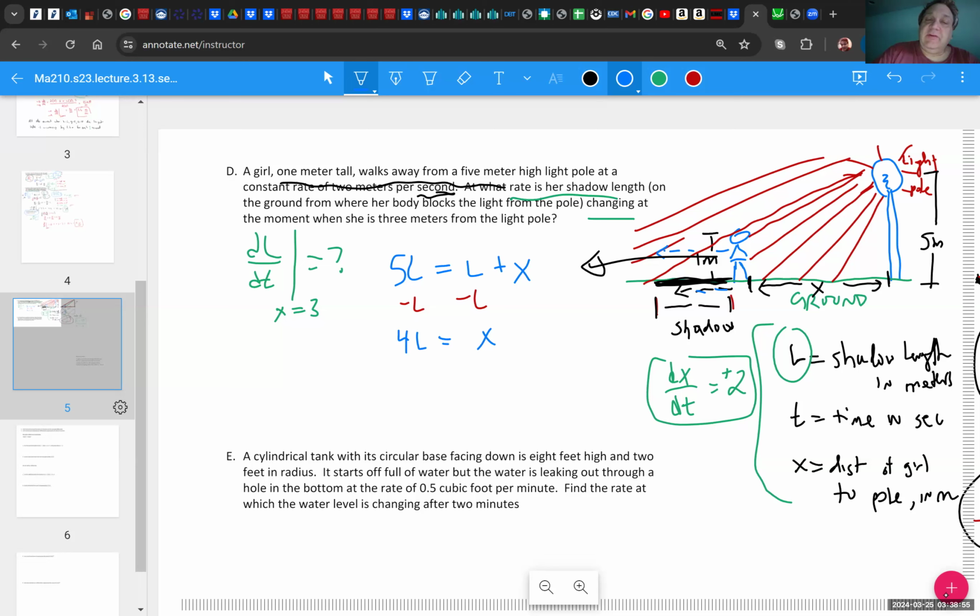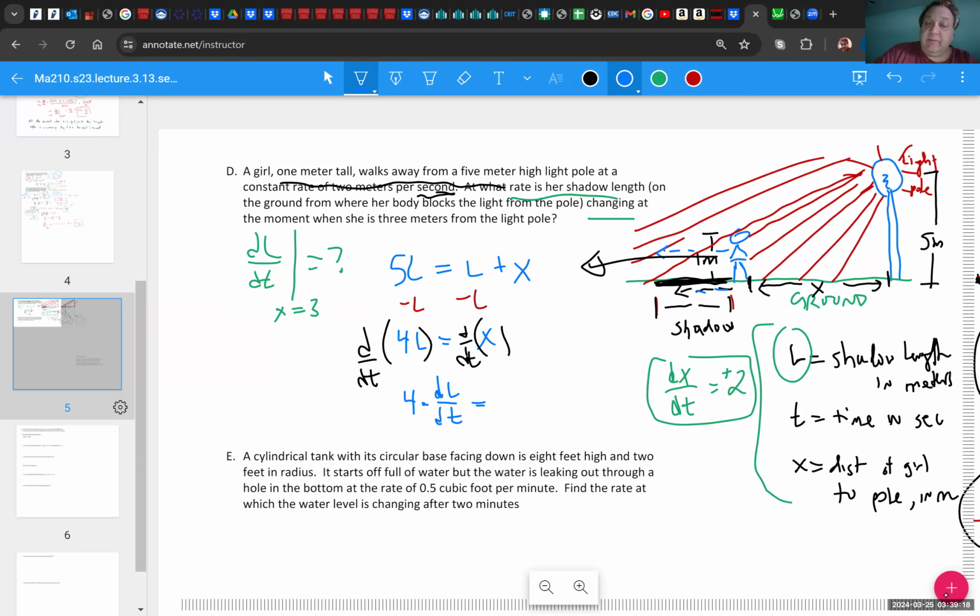So I do want to differentiate this with respect to t. So I'll do d/dt on both sides. The derivative of 4L with respect to t: 4 comes along for the ride. The derivative of L is called dL/dt. And the derivative of x is not 1 because we're differentiating with respect to t.